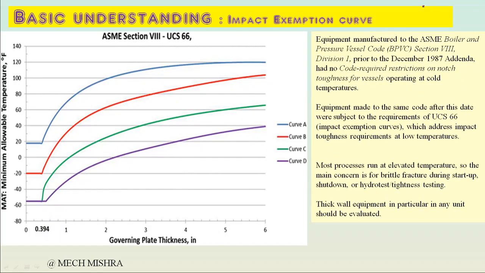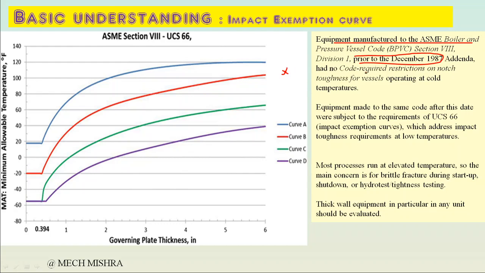So in a code like ASME Section 8 Division 1 or ASME B31.3, this curve, the impact exemption curve, is mentioned to decide whether impact testing is required or not. Equipment manufactured to ASME Section 8 Division 1 prior to December 1987, this requirement was not there.